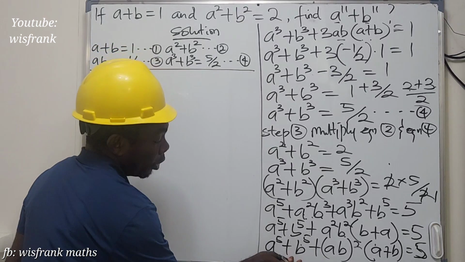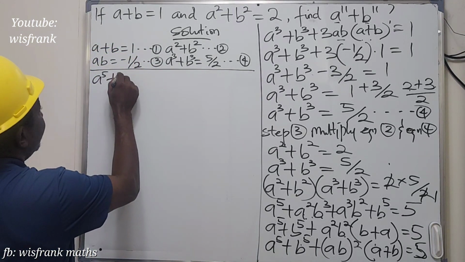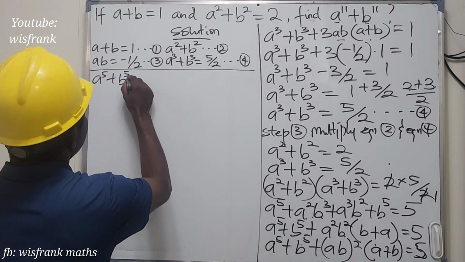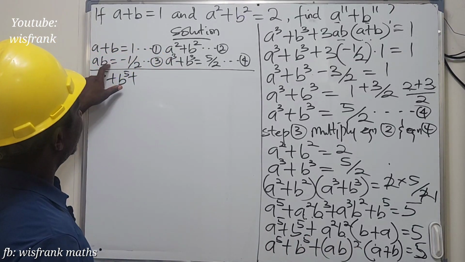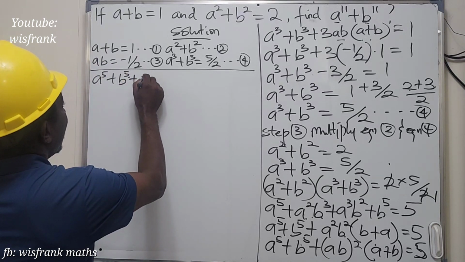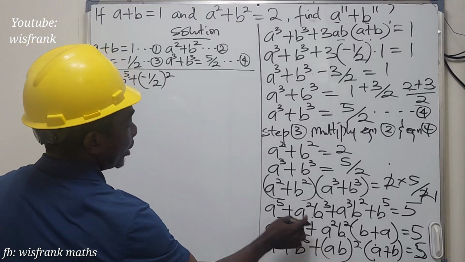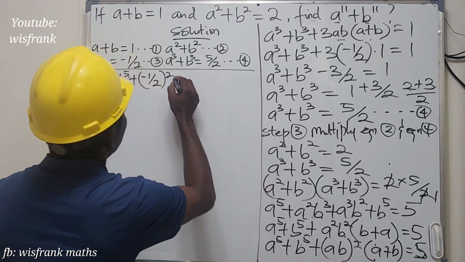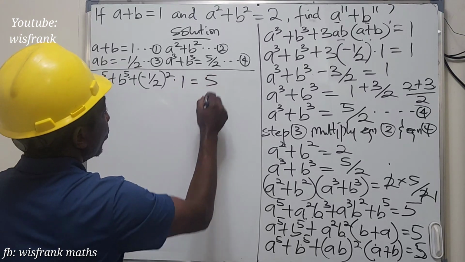So now from here we have a to the power of 5 plus b to the power of 5, plus ab to the power of 2, where ab is minus 1 all over 2, all to the power of 2, times a plus b, which is 1 from equation 1, all equals 5.